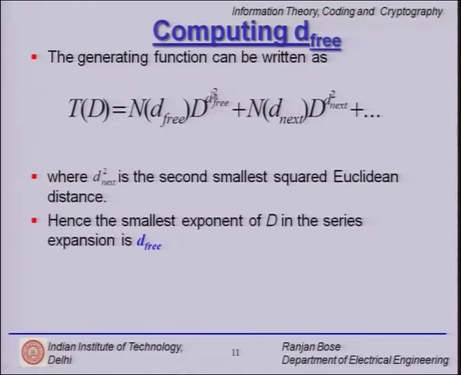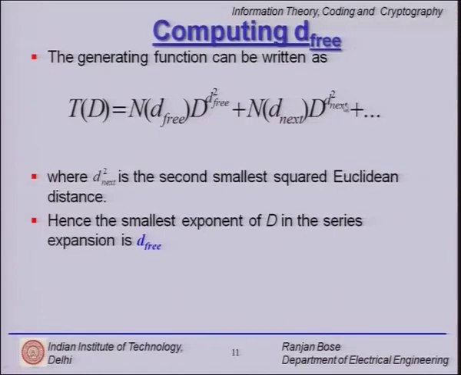Had it been the Hamming distance measured in a convolutional code with generating function T(d), and d free was 5, then d next could be 6 or 7. But in this case d free could be 3.722, and then d next could be 4.312, some value which is the next larger value.